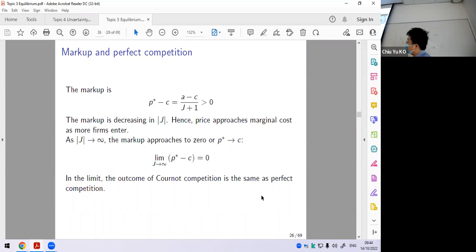So that is the main thing about quantity competition, okay?